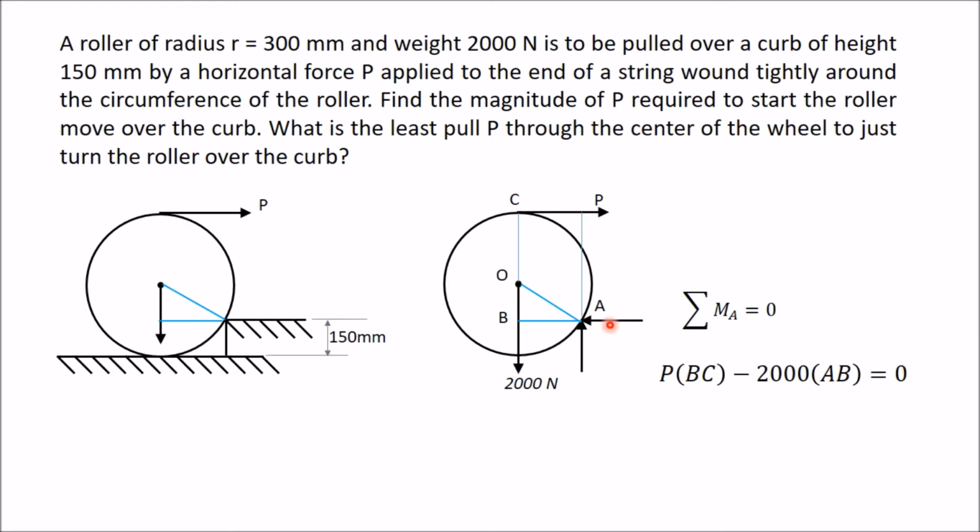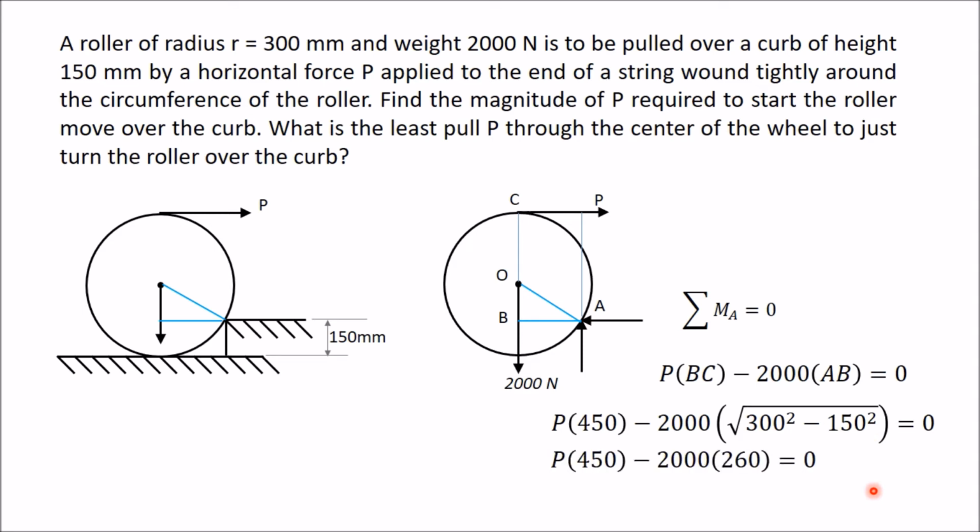The moments of the two reactions are 0 because these forces pass through point A. So in place of BC I put 450, and distance AB is equal to root over OA square minus OB square, which is root over 300 square minus 150 square.